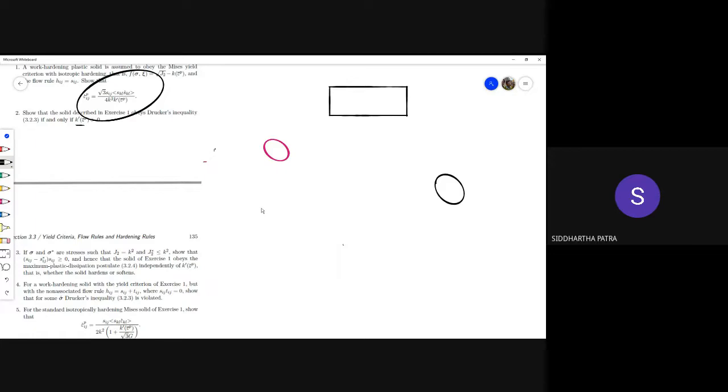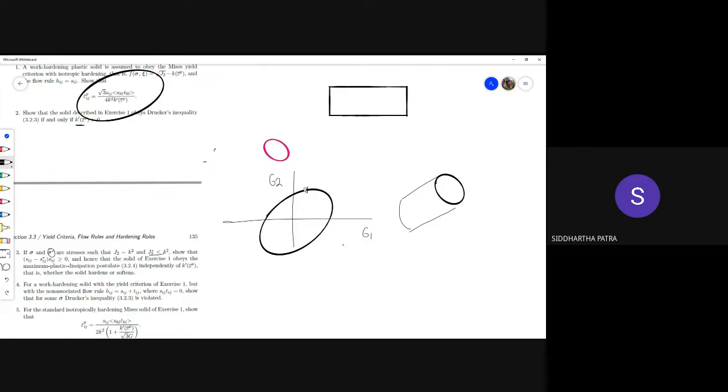Next thing, they are asking you to consider a stress sigma star, which is inside of the yield surface. So let's say this is your yield surface, or if this makes you comfortable, a principal plane. This is your yield surface.